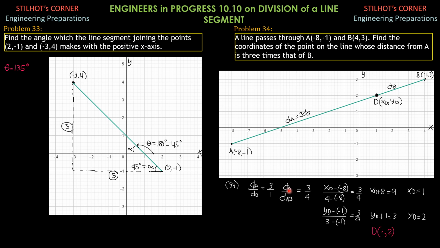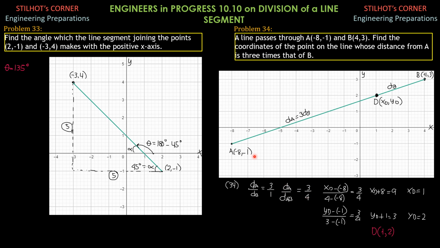And this ratio is also the ratio of the distance of point D from A, 3 parts, as to the distance AB, 4 parts. So 3 parts plus 1, 4 parts all in all. I'll use this ratio because it is simpler to apply. So the distance from A as to the distance AB is 3/4.